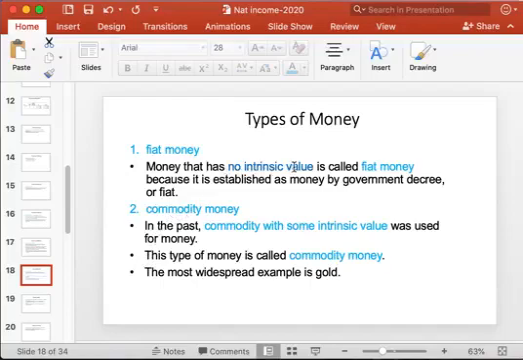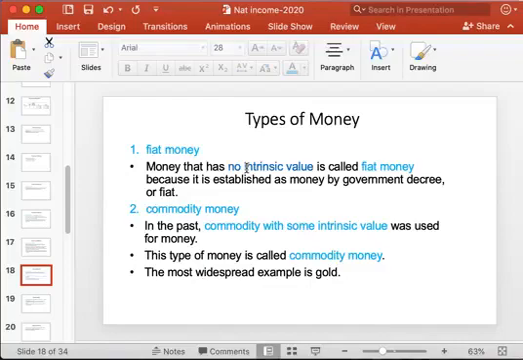Now to talk about the types of money, there are in general two types of money: fiat money and commodity money. But commodity money is no more used. In the past it used to be there, but now it is not there. Fiat money is money which has no intrinsic value.